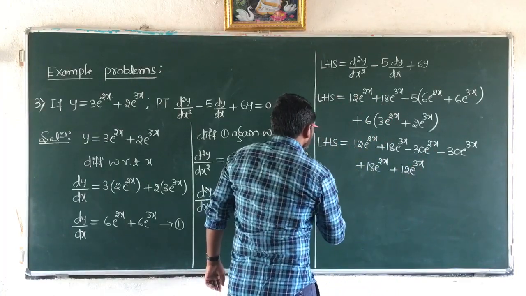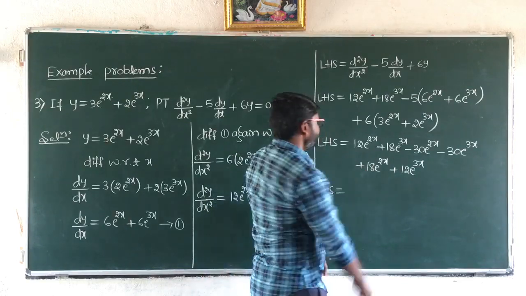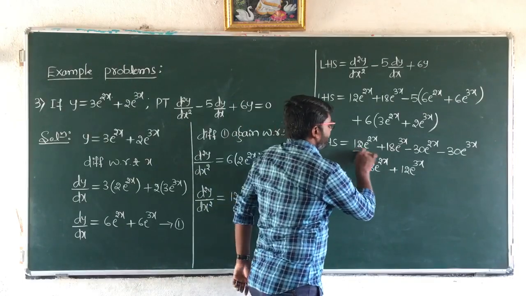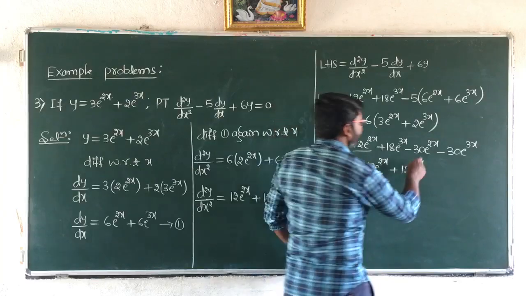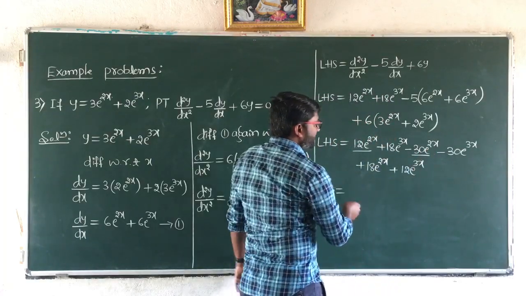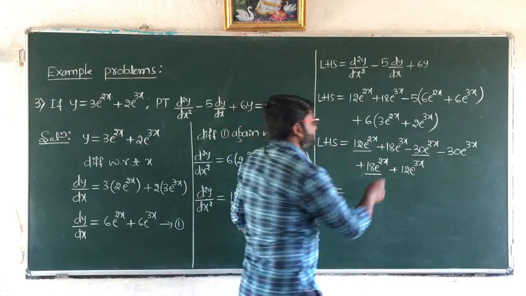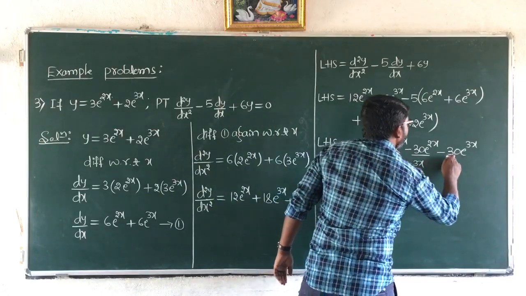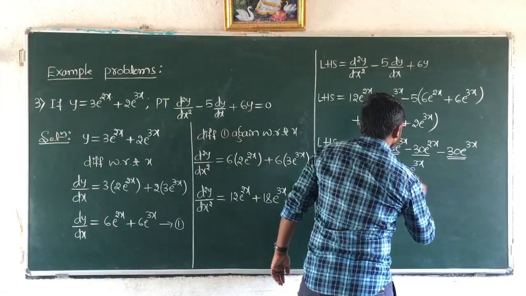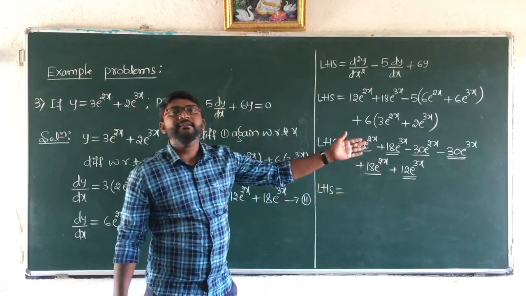So now search for the like terms here. E raised to 2x. Then again search for the e raised to 2x. Here it is. And then there is one more e raised to 2x. Here it is. Then go for e raised to 3x terms. So here, then here, and then here. So we have to add the like terms.